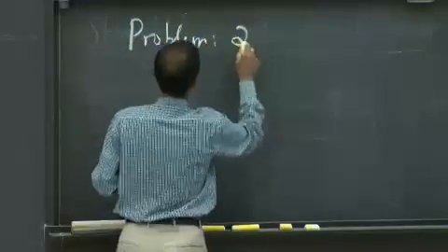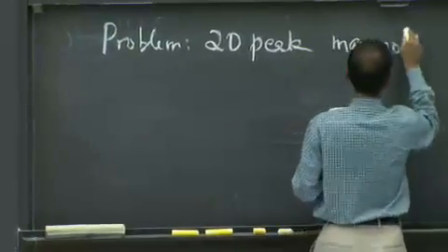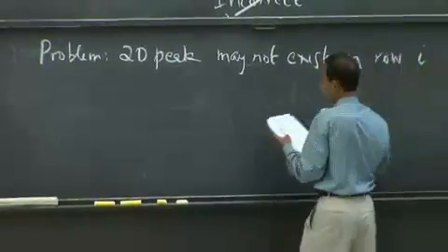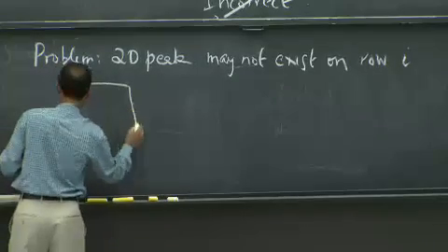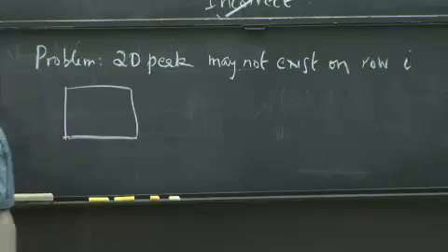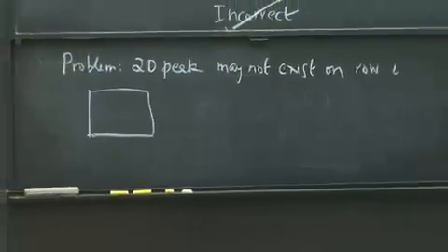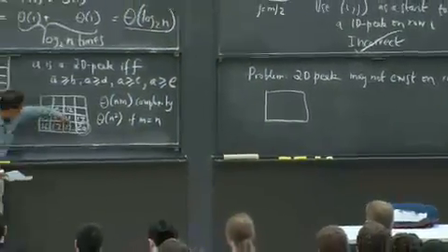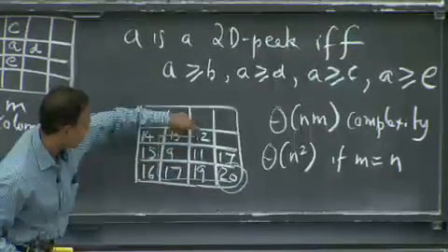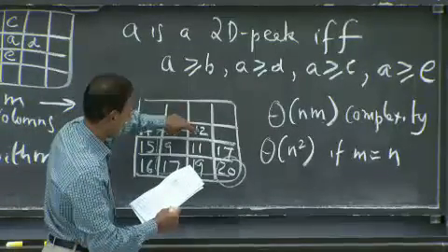The problem is a 2D peak may not exist on row i. And here's exactly the example of that. Let's say that I started with this row. Since I'm starting with the middle row, I could start with this one or that one. Let's say I started with that one.